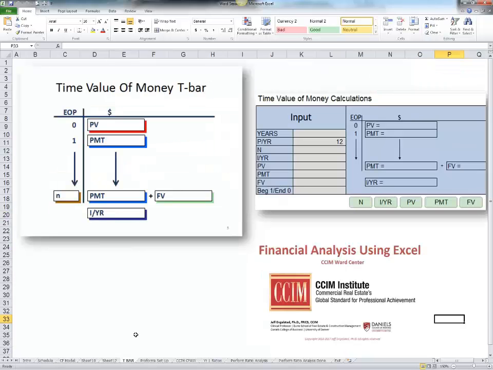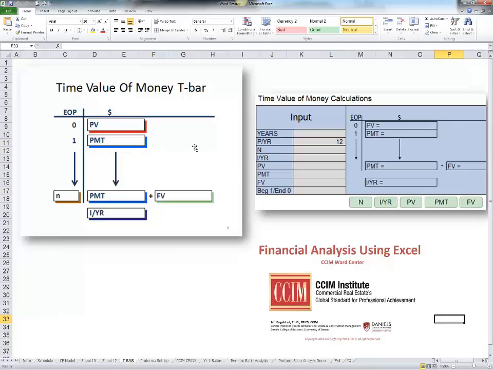How we typically look at it in the CCIM program is in a T-chart. And the T-chart's actually a very ingenious little visual device. I really like it, but some people are more visual than others. I think this one really is good. In terms of time value of money, the factors are N, I, present value, payment, and future value.